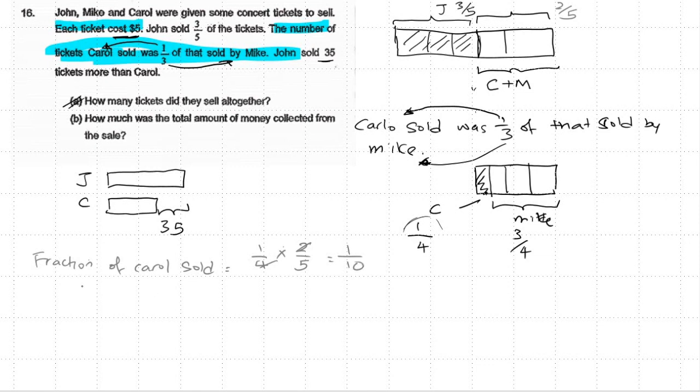Then I want to know the fraction that Mike sold. The fraction that Mike sold will be equal to 3/4 times 2/5, because they come from this remaining 2/5.